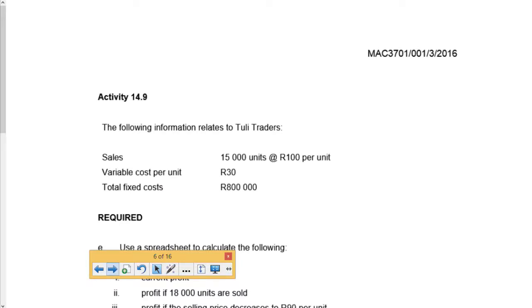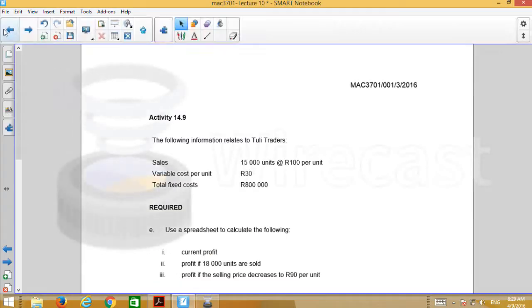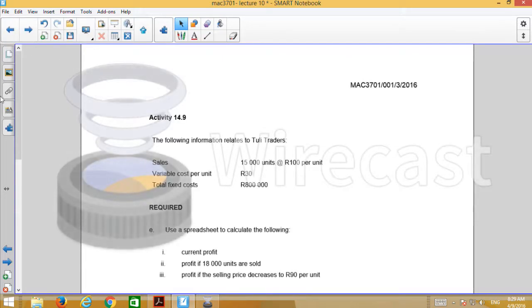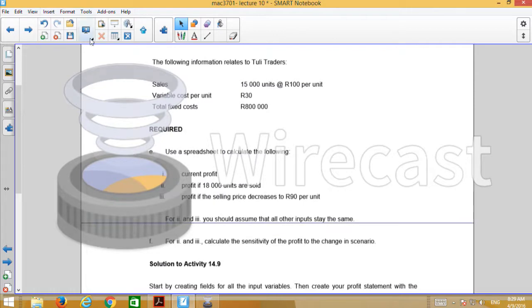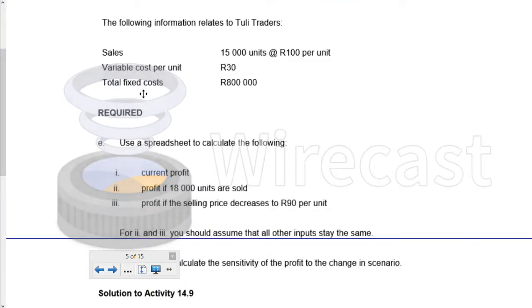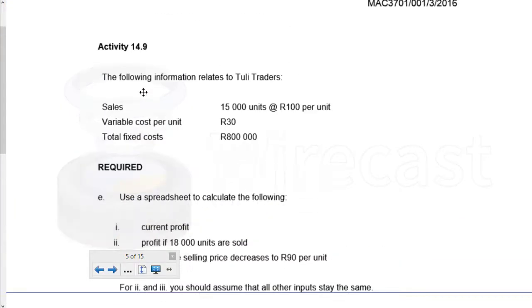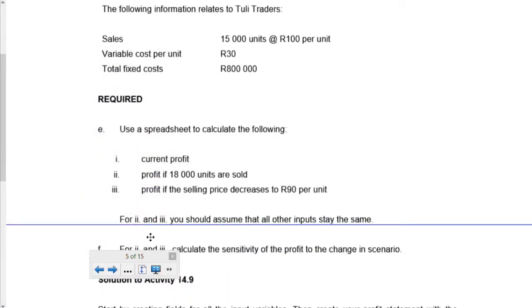activity 14.9, on page 305. Okay, so this is what I want you to practice doing today. The following information relates to two-lead trades.